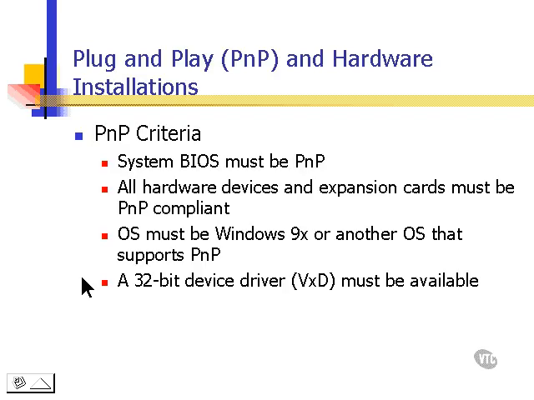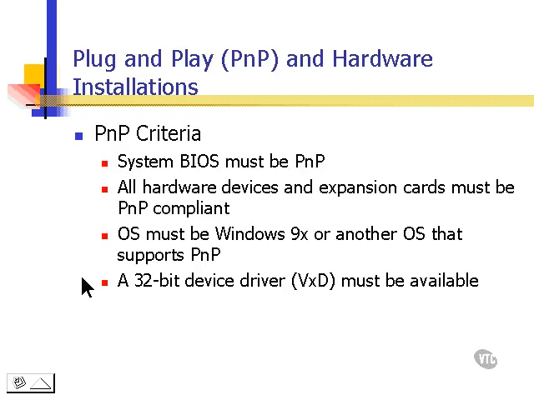In which case what we need to do is to reinstall the operating system probably. We should probably go ahead and try to install the device one more time and see if we just got an error, but we may need to reinstall the Windows 95 or 98 operating system in order to get plug and play to operate properly if we're getting an error that the VXD device driver is not available.